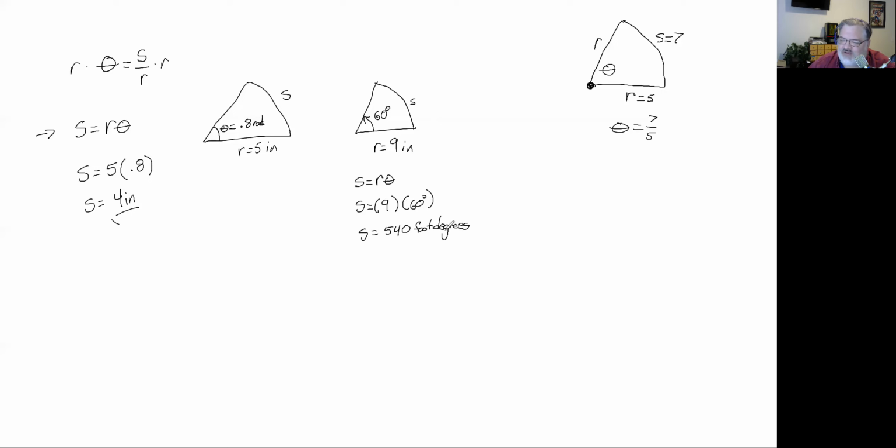I don't know about you, but I don't really know what a foot degree is. Or we could say 540 degree feet. I still don't know what a degree foot is. And certainly if this is 6 inches, this isn't 540 inches at just 60 degrees. This formula is very, very nice, but it only works because of that structurally meaningful definition of the angle in radians. But the nice thing is we now know how to convert that degree measure into radians.